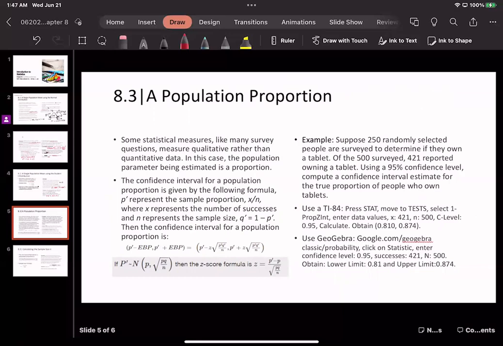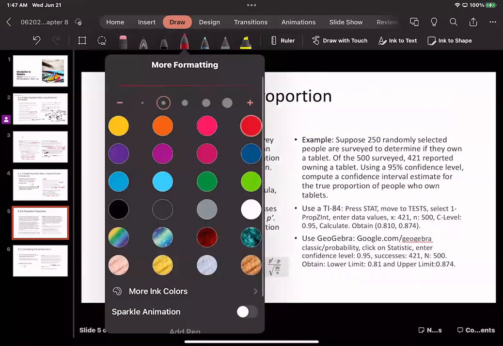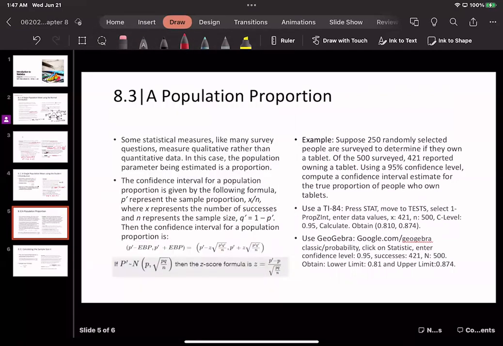In this case, the population parameter being estimated is a proportion. We need to count proportion. The confidence interval for a population proportion is given by the following formula here.